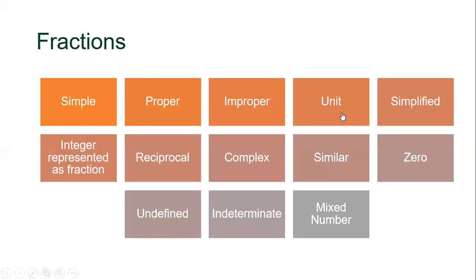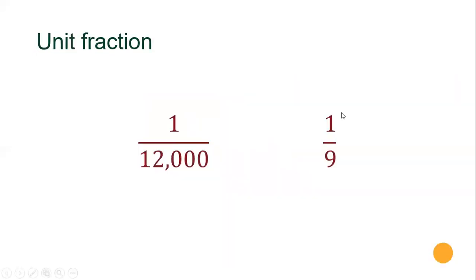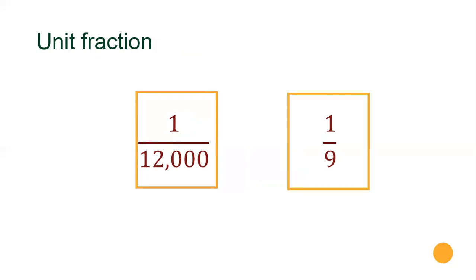Next, let's go to unit fractions. A unit fraction is a fraction with unity for its numerator and a positive integer for its denominator. So examples of unit fractions are 1 over 12,000 and 1 over 9.